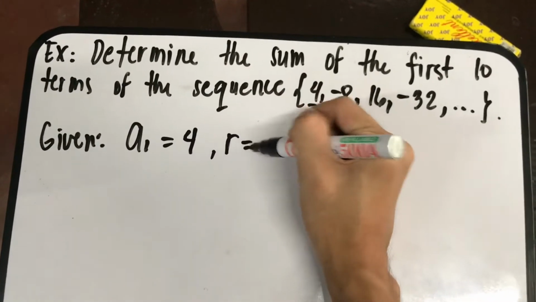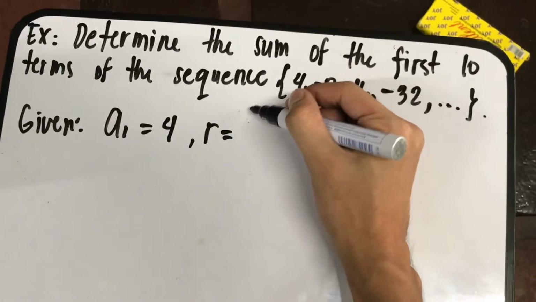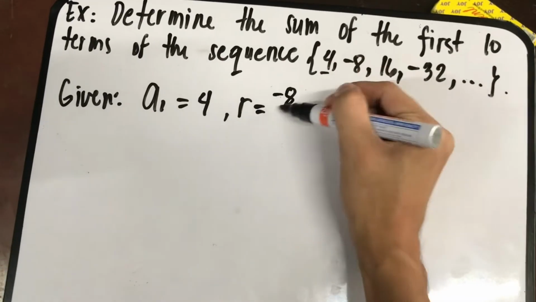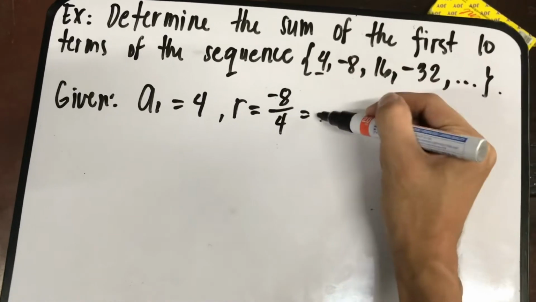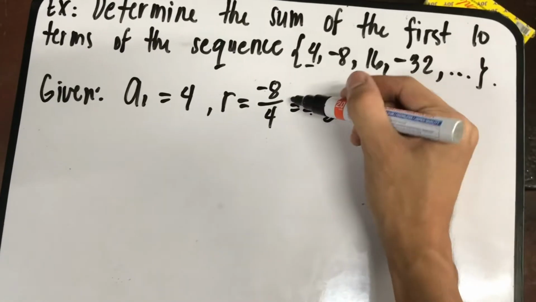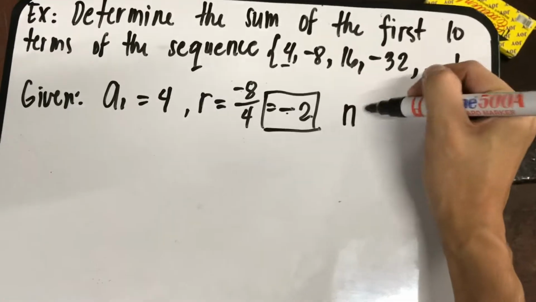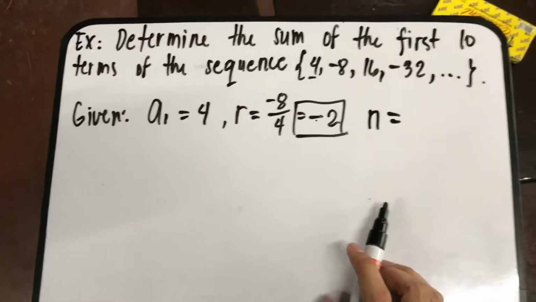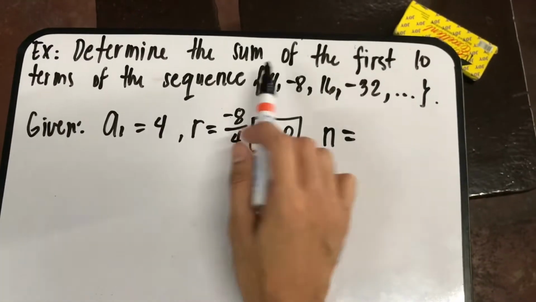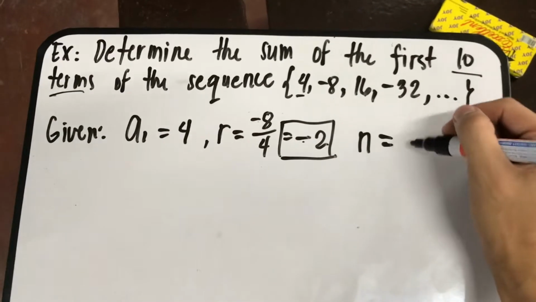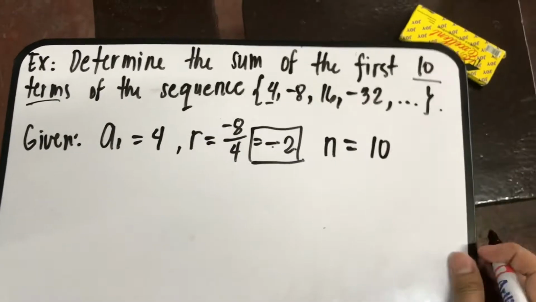How about the common ratio? Second term divided by first term, or negative 8 divided by 4, and that is negative 2. So negative 2 is our common ratio. How about n? So kung mabasahin natin, we're going to find the sum of the first 10 terms. So it means 10 is our n.